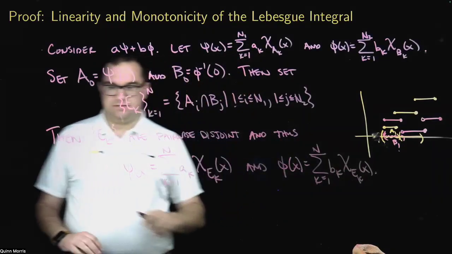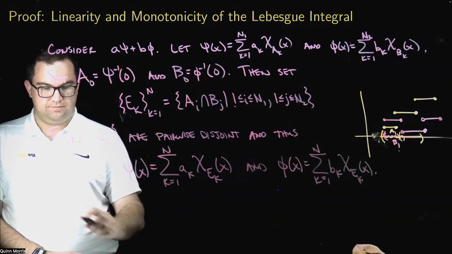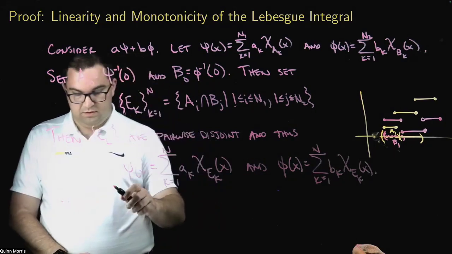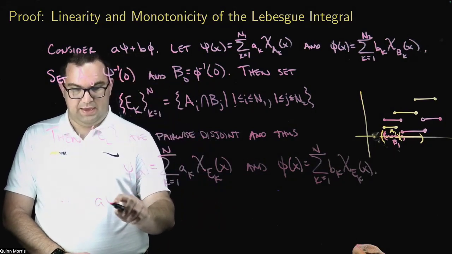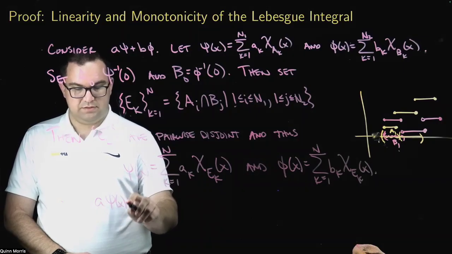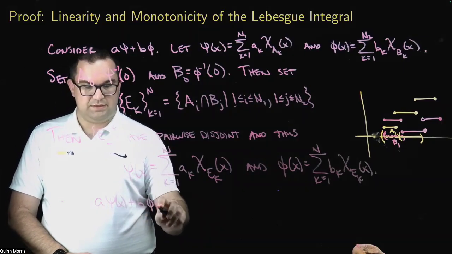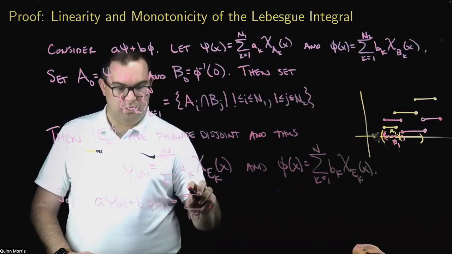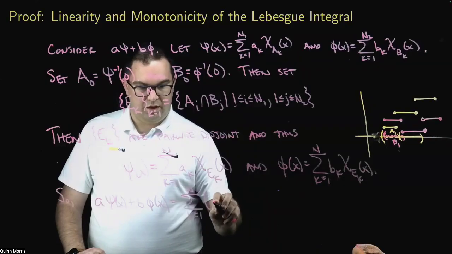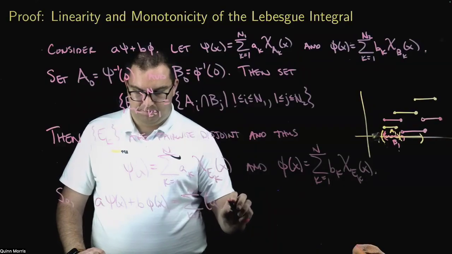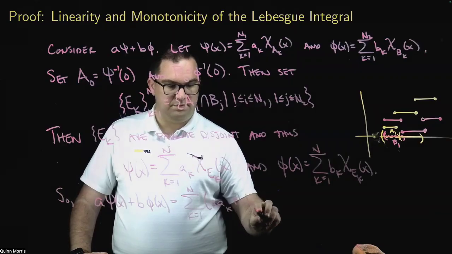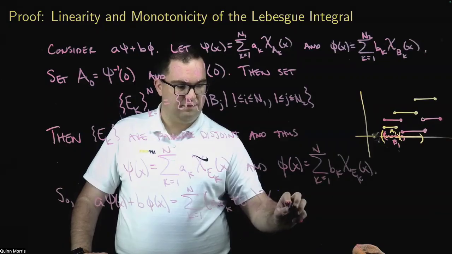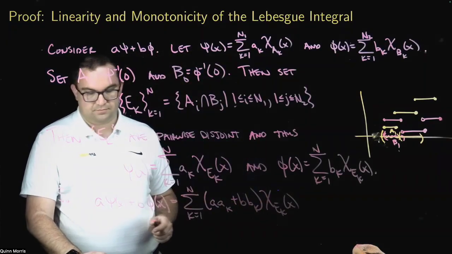Well, in that case, if I look at a psi of x plus b phi of x, I can then represent that as a sum k equals 1 up to capital N of a times AK plus b times BK times chi of EK of x.